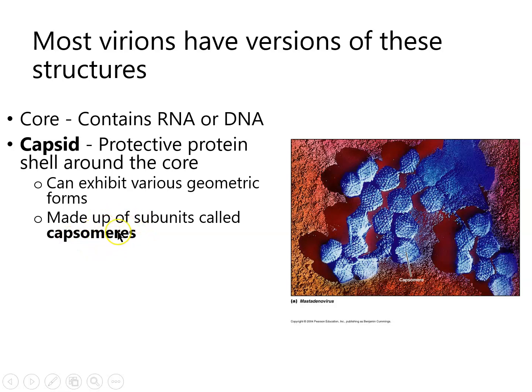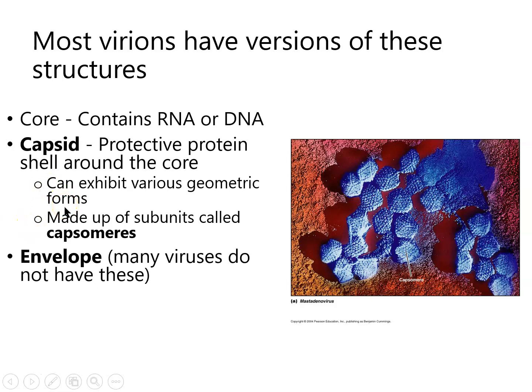And they act like self-assembling structures. So capsomeres come together around the nucleic acid and form a repeating structure of a capsid. Some viruses have envelopes. Those are lipid bilayers that wrap around the virion.